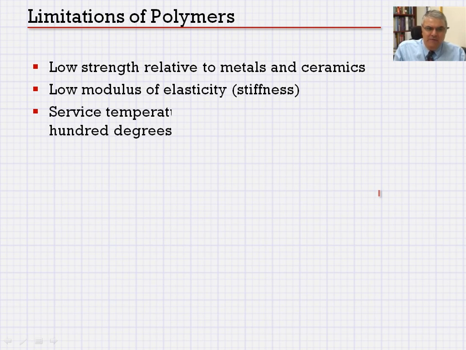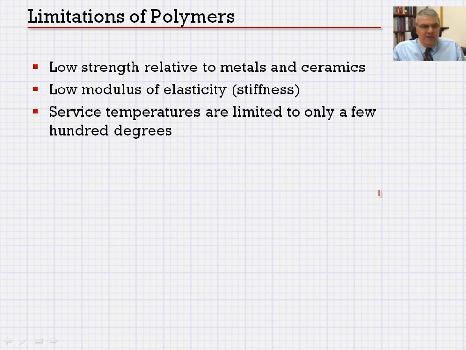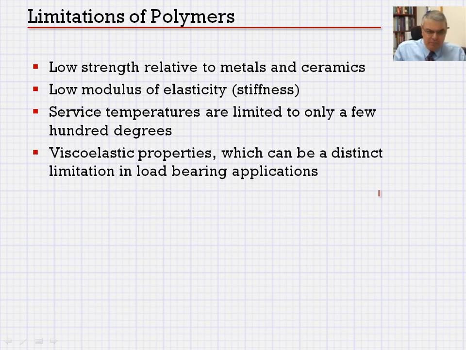They have low stiffness and the service temperatures are not like steel or ceramics. They are limited to only a few hundred degrees, so they're not really made for extreme temperatures.